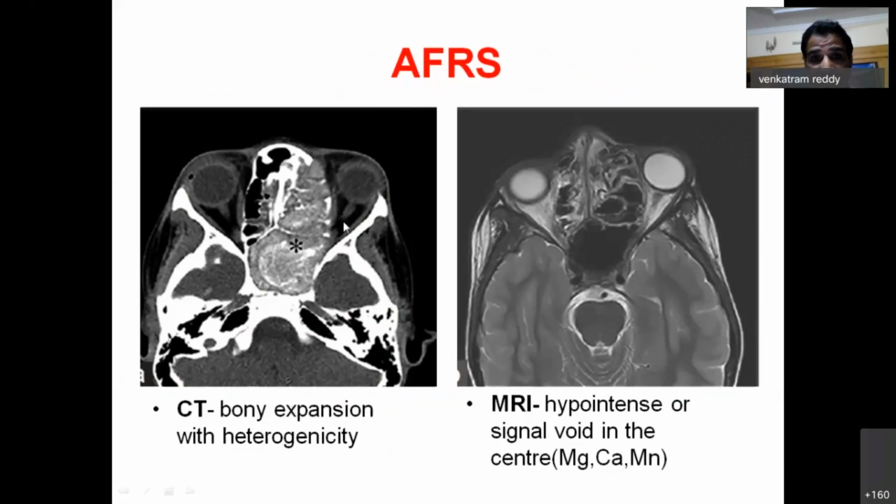But in a contrast CT scan of allergic fungal rhinosinusitis, you can see a very clear picture of heterogeneity, with hyperdense areas and hypodense areas. The hyperdense areas are due to calcium and magnesium salts.